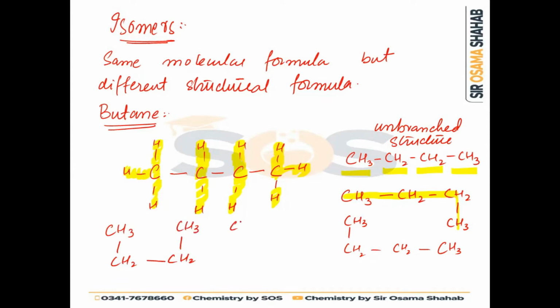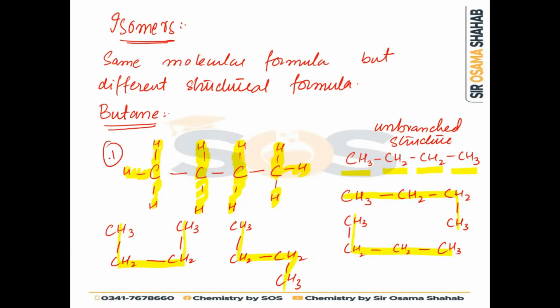If I put the first carbon on the top, then the second and third, and the last carbon at the bottom of the third one, it is again a linear chain. So all are linear chains. You can go in one go, without lifting your finger, starting with the first carbon and ending with the last carbon. That means they are linear structures.